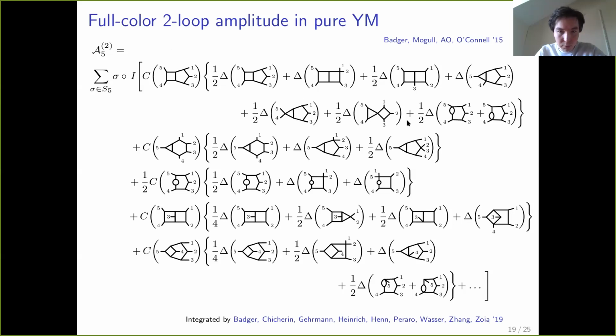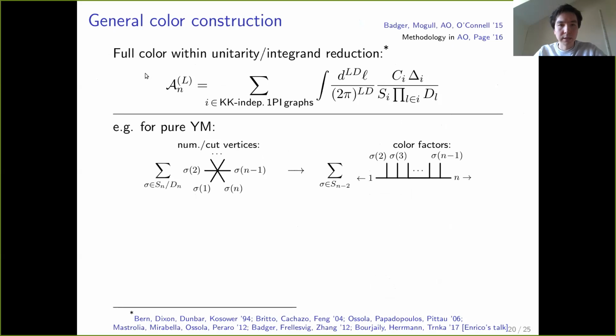This is the full amplitude written for you in this notation. This is pure Yang-Mills, so all lines here are gluons, and these deltas are kinematic numerators, and the C's are again color factors.